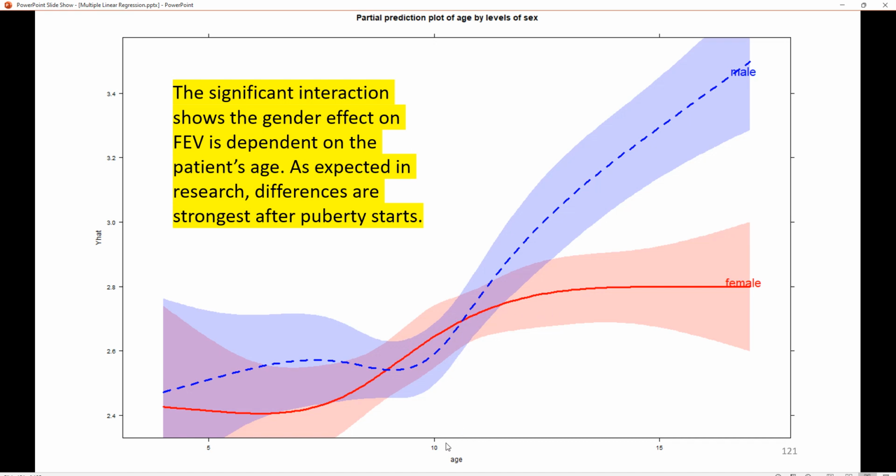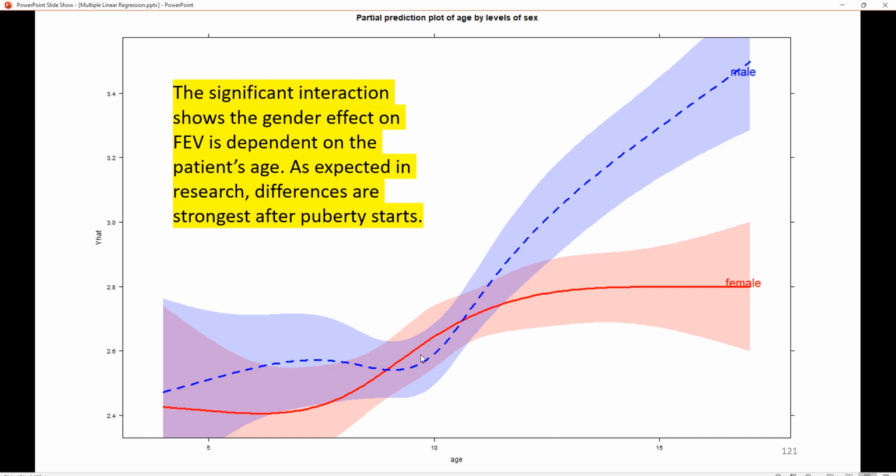After the age of about 12, or at around 12, we see that boys and girls differ a lot in terms of their FEV levels. Before that, we do see similar trends, similar rates.